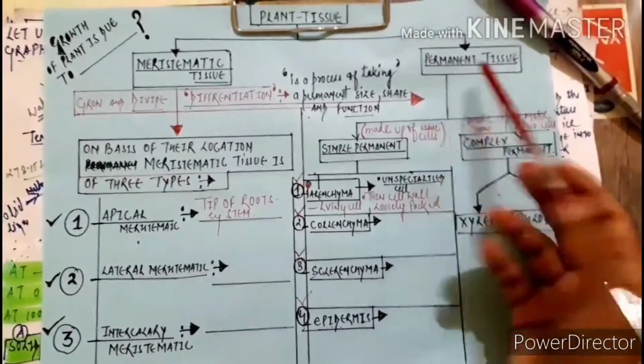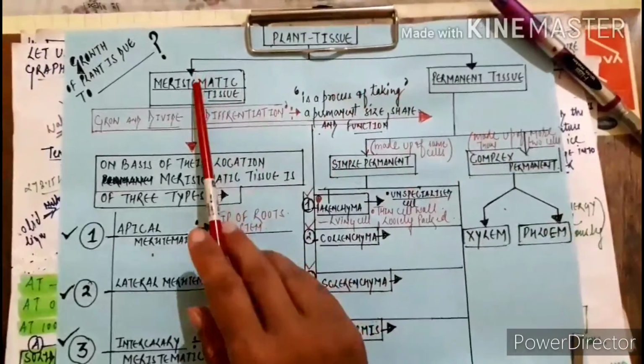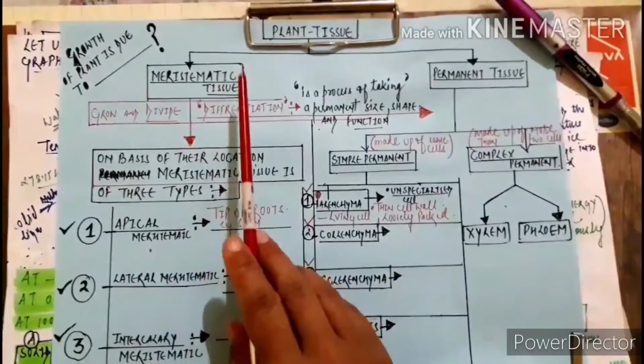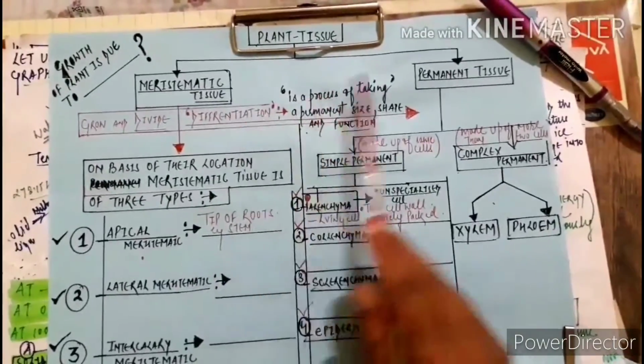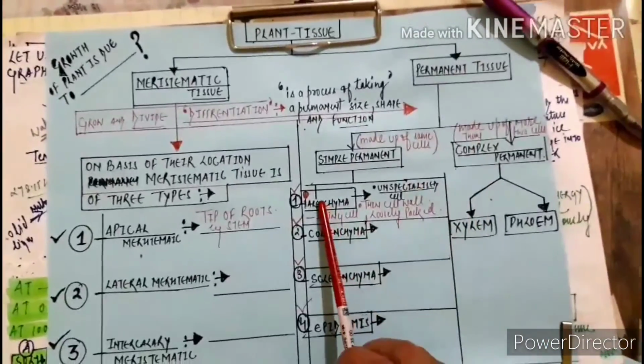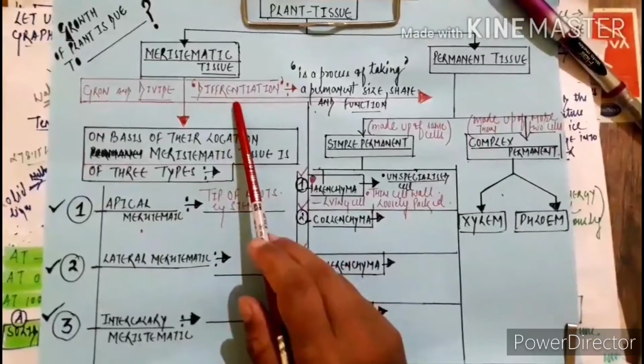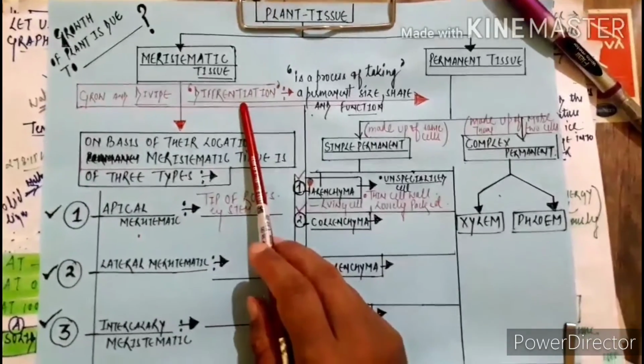So in simple words, meristematic tissues are the ones which, when they grow and divide, differentiate into permanent tissue. But you have to be well aware of this term, differentiation.